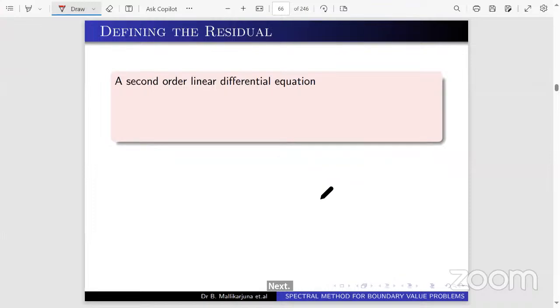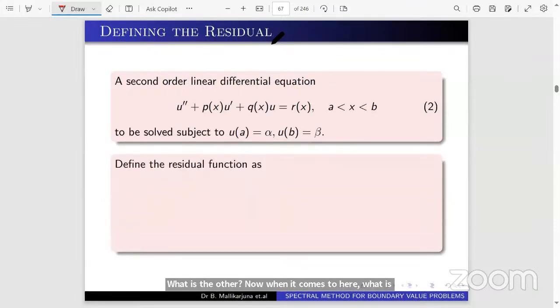Next, let us see the next point, defining the residual. The residual is nothing but the error. What is the error function? Suppose we consider a second order linear differential equation.